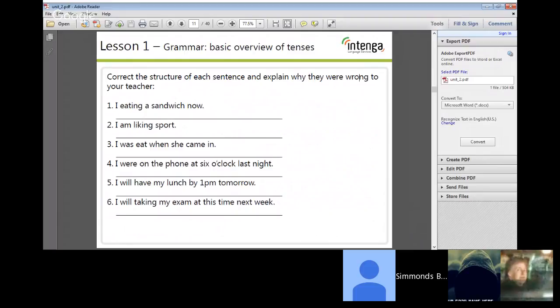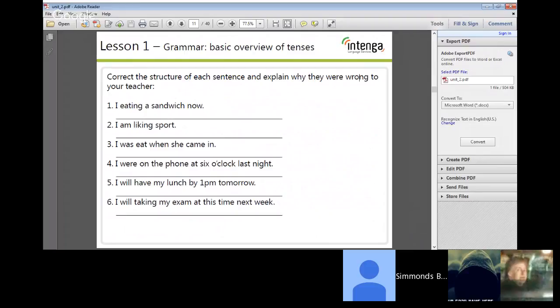So number 2 says, I am liking sport. What's not correct in this sentence? You can also write in the chat box as well. Yes, Ken? Like cannot be ing form, so I like sport. Good. So I like sport. And I would say sports in this case.